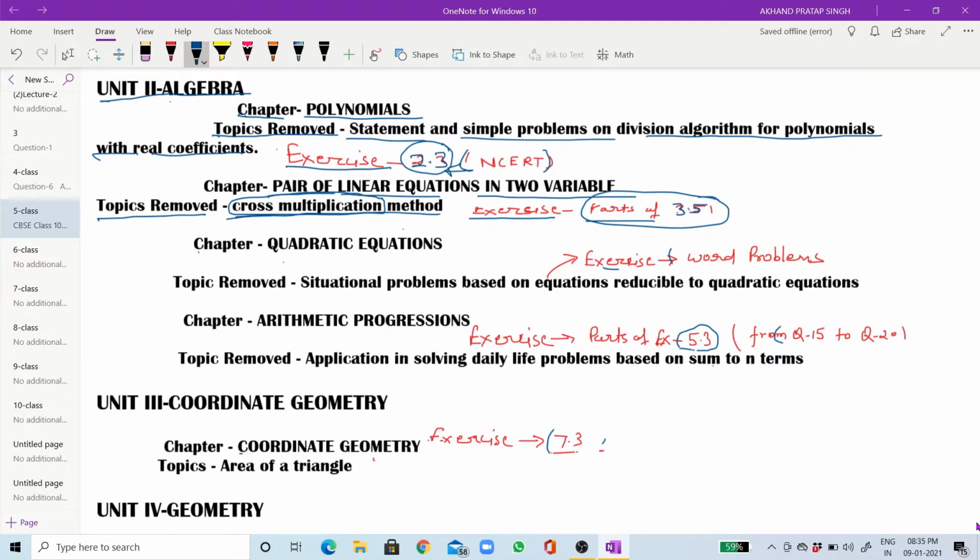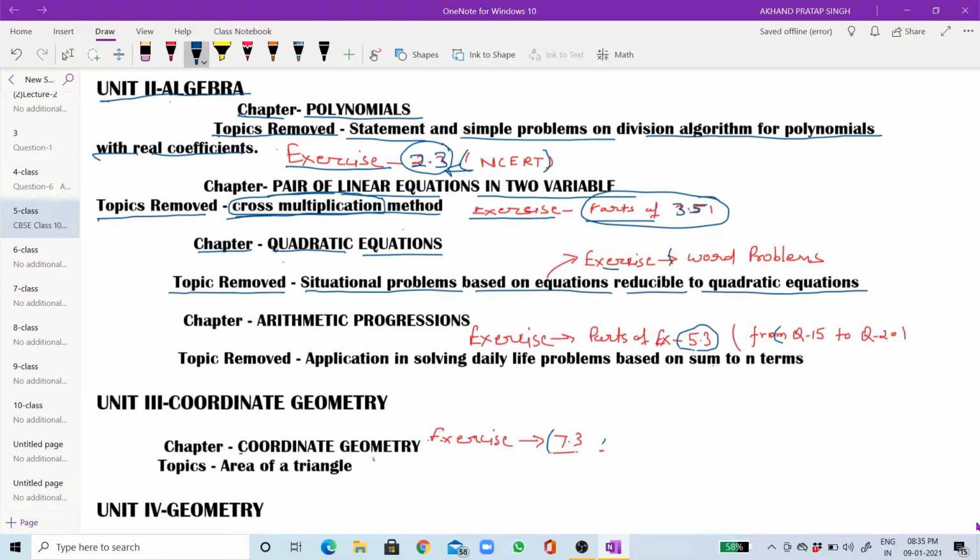And the next one is the chapter Quadratic Equations, and the topic removed is situational problems based on equations reducible to quadratic equations.